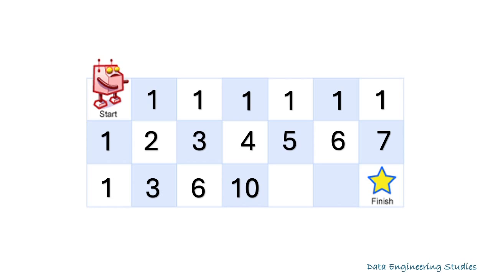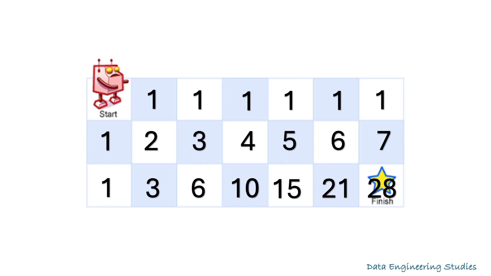For the next cell, we will have 15 possible unique paths. For the next cell, we will have 21 possible unique paths. In order to reach the bottom right corner, we will have 28 possible unique paths. That is 21 plus 7. Now we will return the value that is present in the bottom right corner of the grid. I hope the approach is clear.